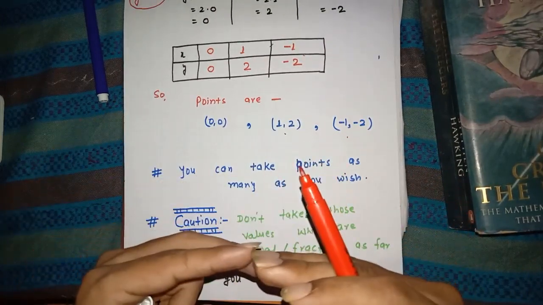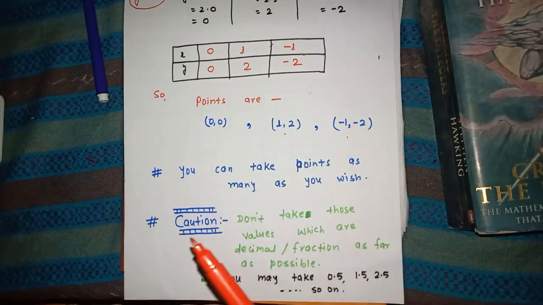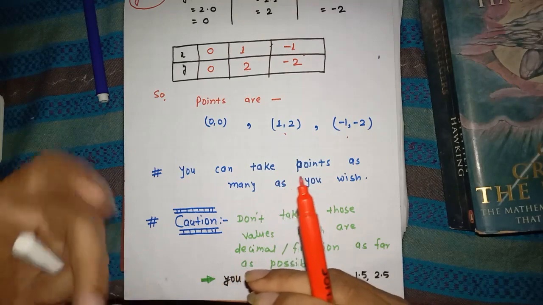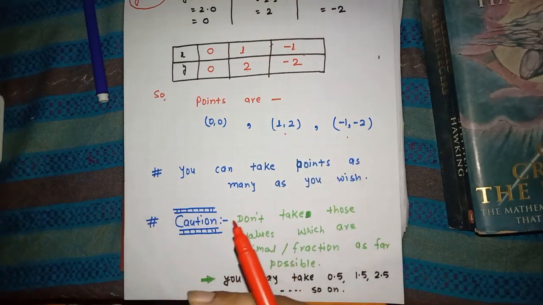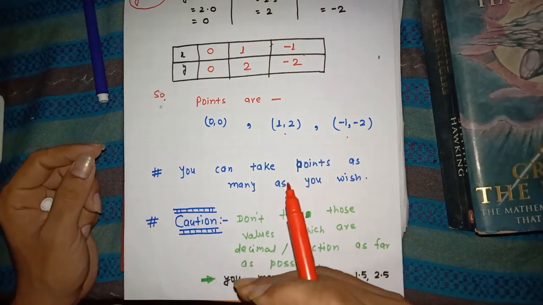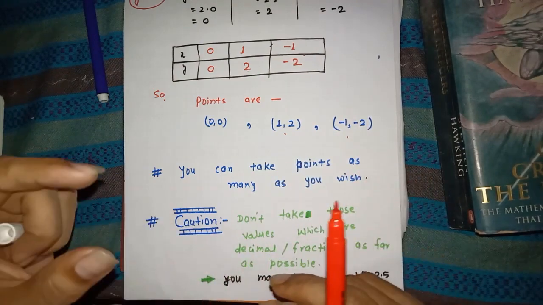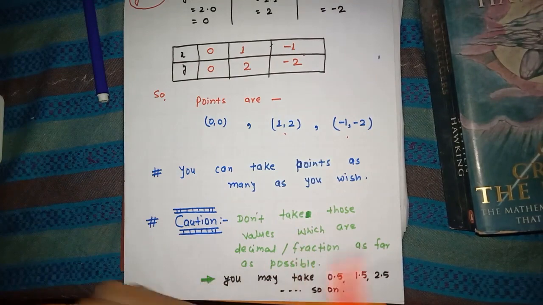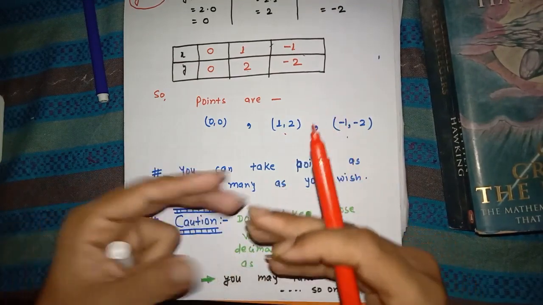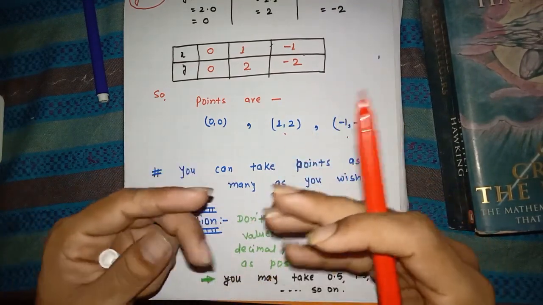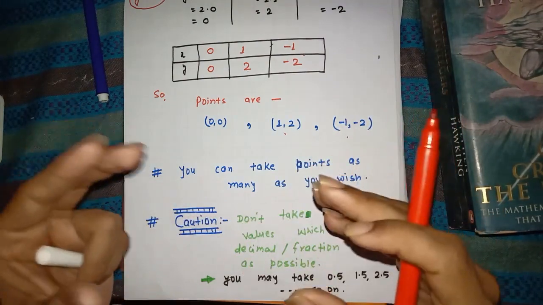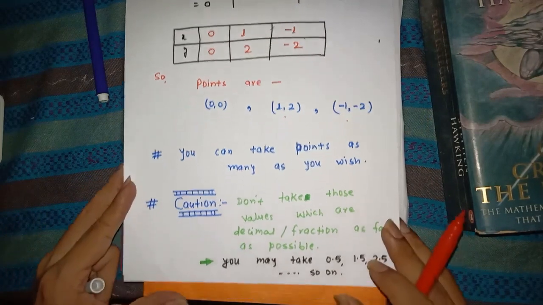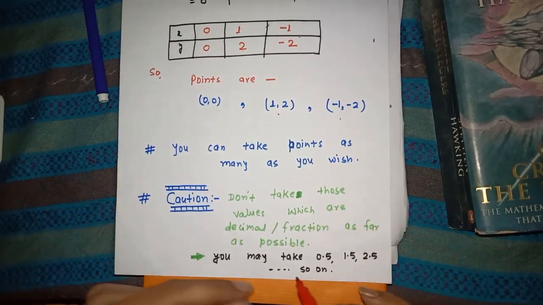Now remember one thing also: don't take the values of x and y as fractions, because if you have to deal with fractions, you can make mistakes while drawing the graph or choosing the segment length which represents the decimal or fraction number. So always try to take integer values.